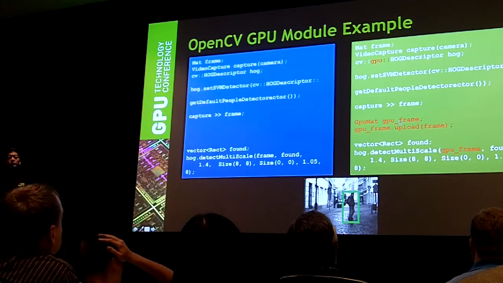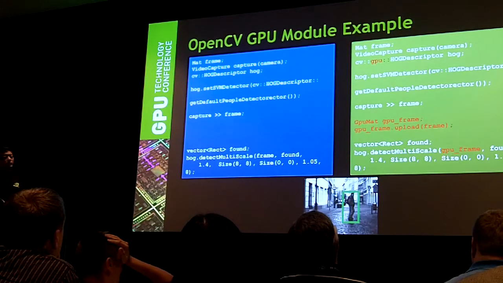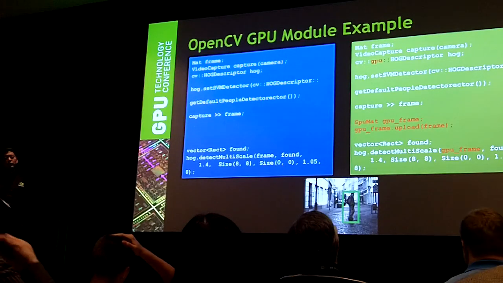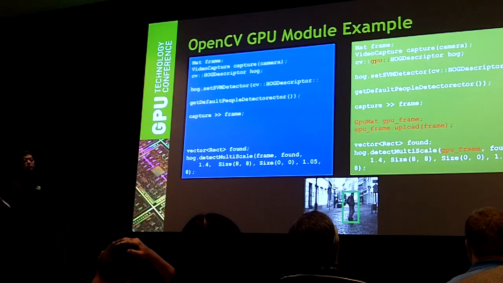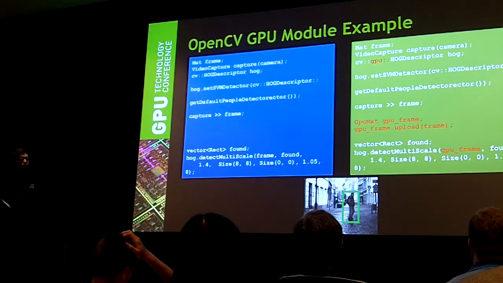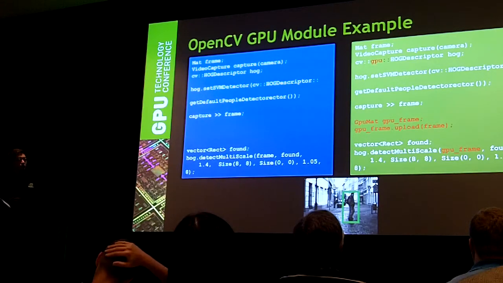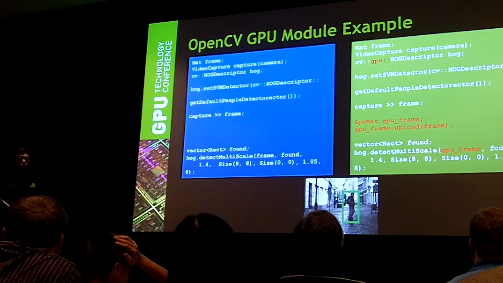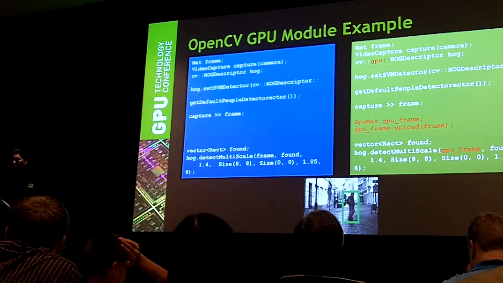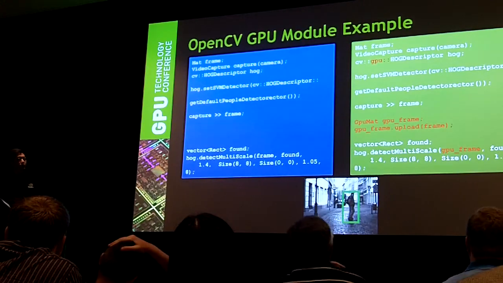Of course, we have to explicitly handle some of the data transfers, but this allows us to optimize in a way that we can specify we want overlap with compute. For the most part, the function interfaces are the same. You just need to be aware of some small things, such as ensuring that objects are GPU objects, and that before you use the frames, you upload them into GPU memory.